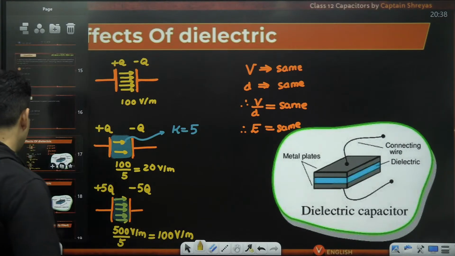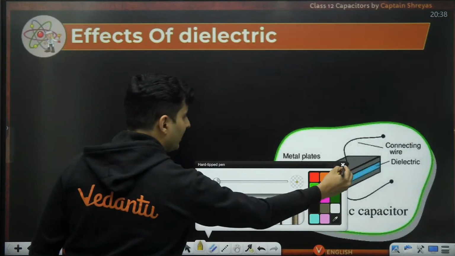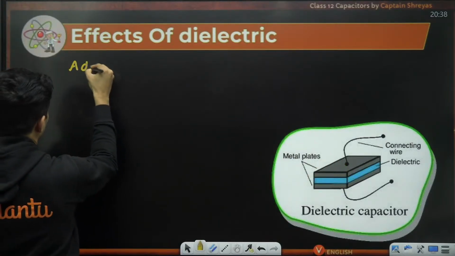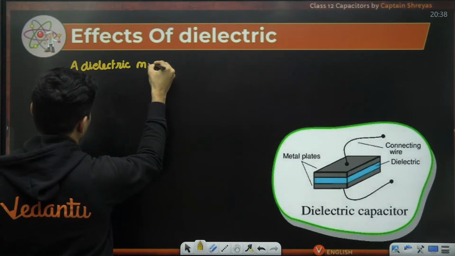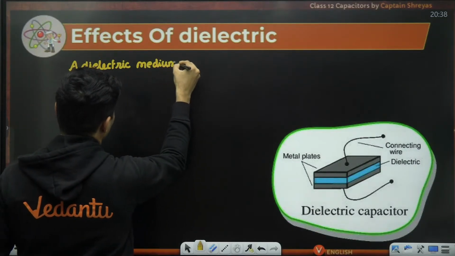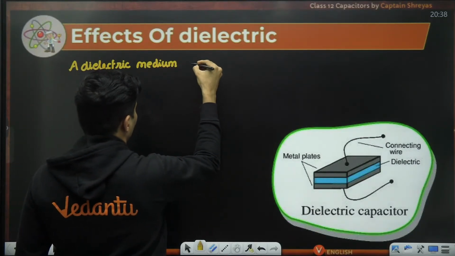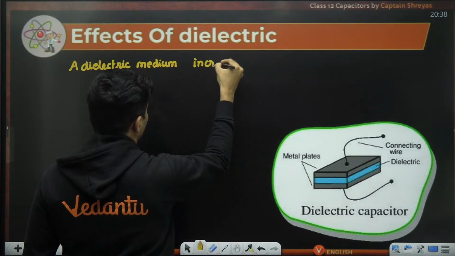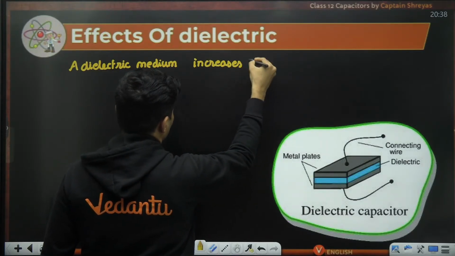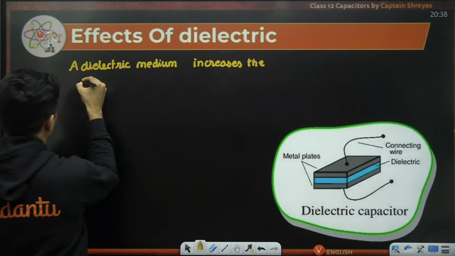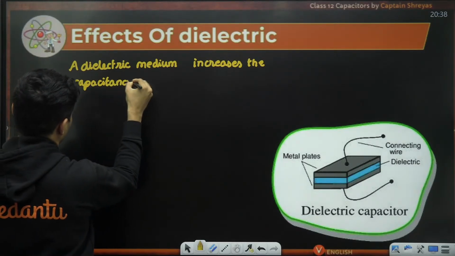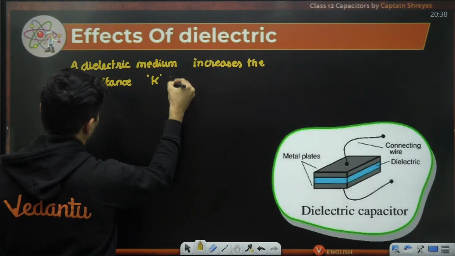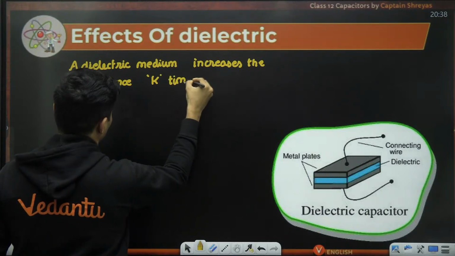So a dielectric medium increases the capacitance K number of times.